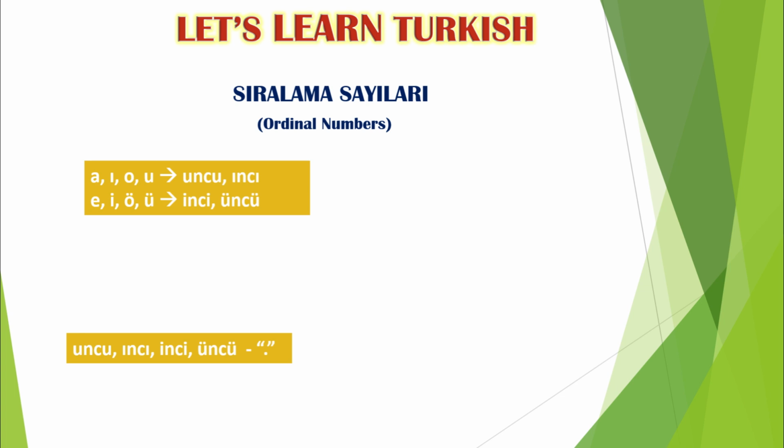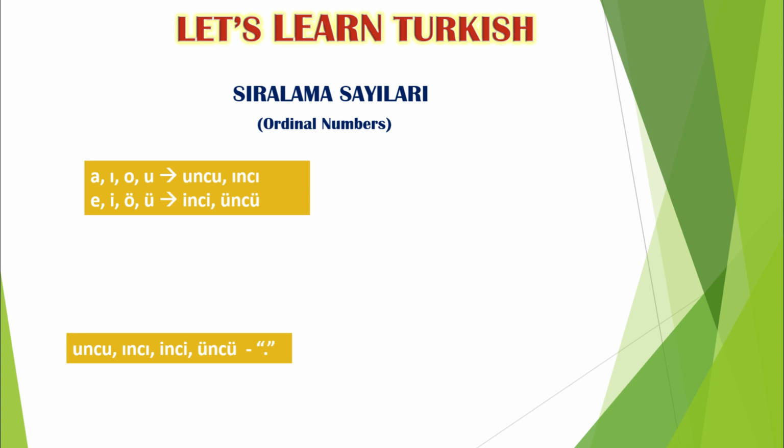Ordinal numbers are created by adding suffixes at the end of each number. When the number contains the vowel a, ı, o, u, the suffix added to the end of the number is uncu or ıncı.